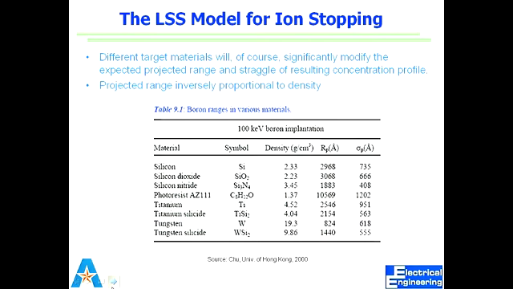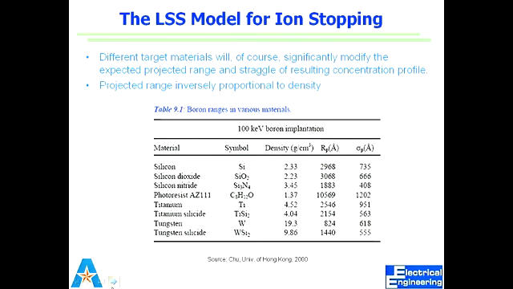So in this case now, we see for 100 kilo electron volt for boron, how the range changes in different materials. So this should tell me, if I want to do it in silicon, what kind of material I want to use for my mask, and what thickness.